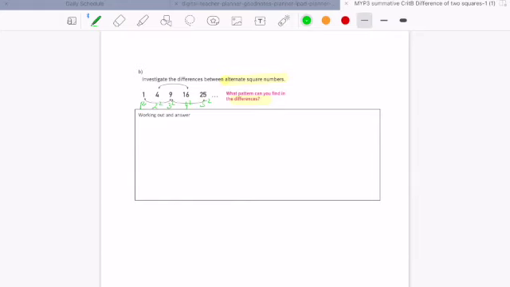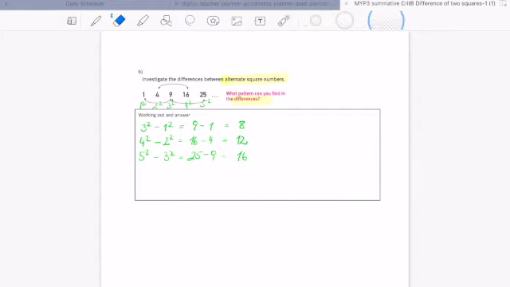So let's start with that first one. 3 squared, take away 1 squared, being equal to 9, take away 1, equal to 8. Next one, 4 squared, take away 2 squared, being equal to 16, take away 4, equal to 12. And next one would be 5 squared, take away 3 squared, being equal to 25, take away 9, which is equal to 16.